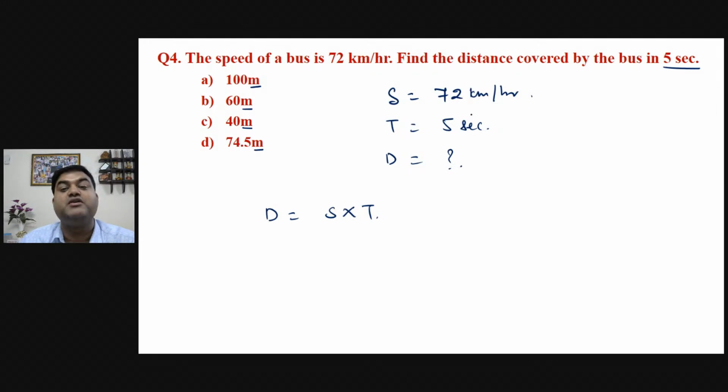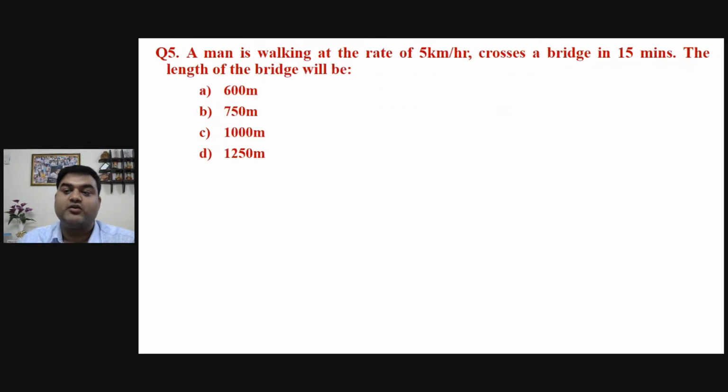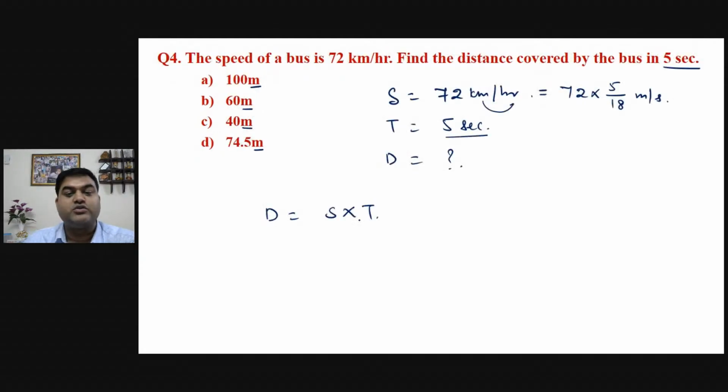So this time, rather than changing time into hour, speed we will change from kilometer per hour into meter per second. So 72 into, kilometer per hour has to be changed to meter per second, 5 by 18 meter per second. Okay, let's see this and do the sum.